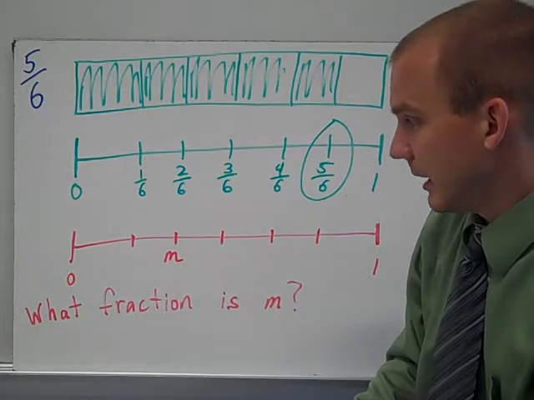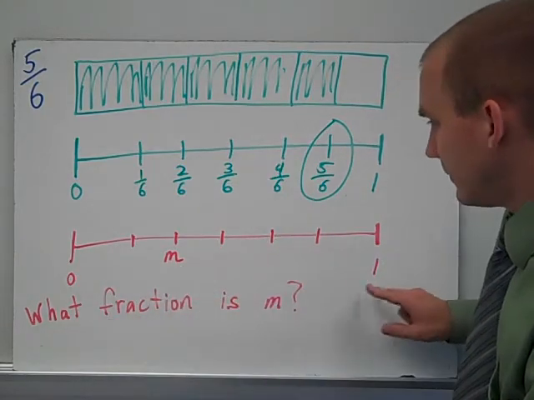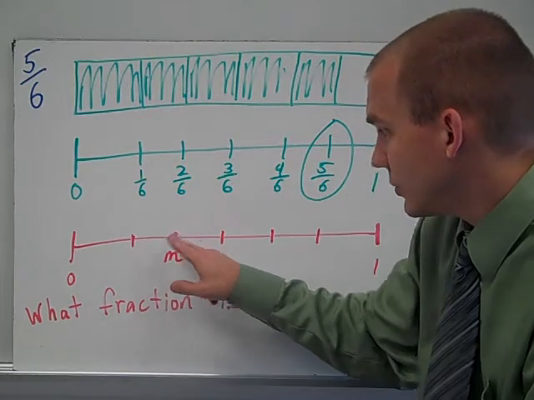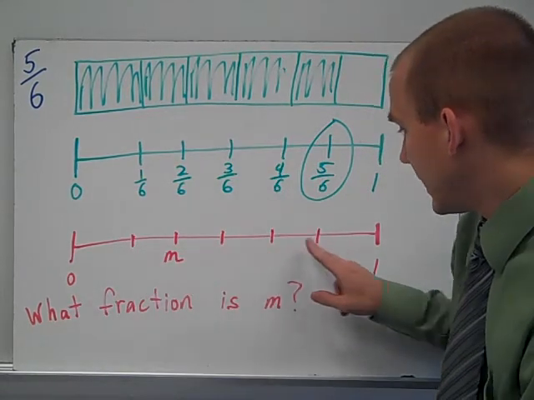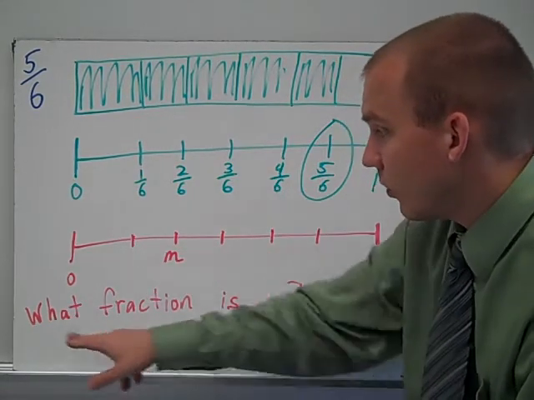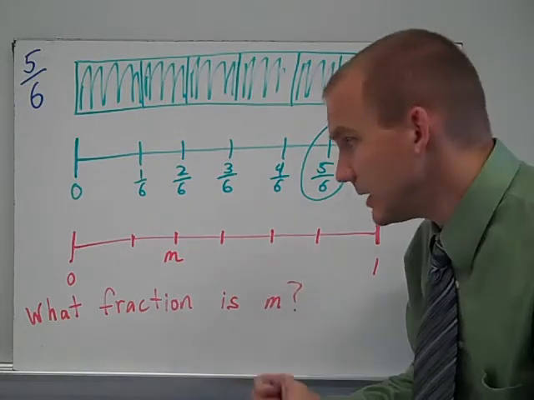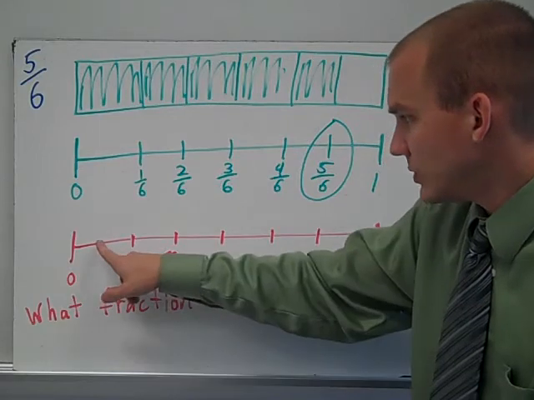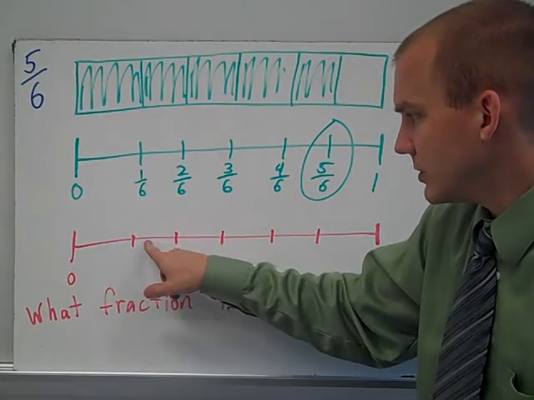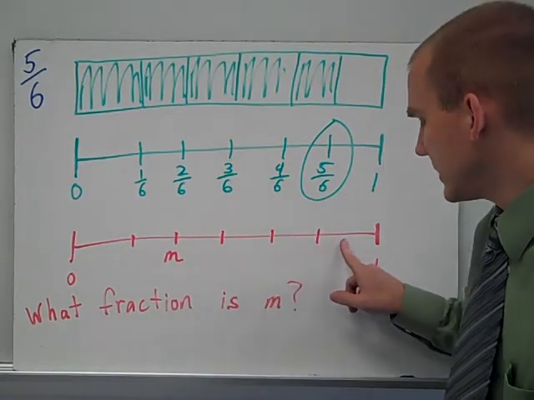On this number line down here, you have 0 and 1. It is split into 1, 2, 3, 4, 5, 6 equal parts. What fraction is m? It's a very common question you're going to be seeing. Well, each one is a sixth because I have 1, 2, 3, 4, 5, 6 equal parts.